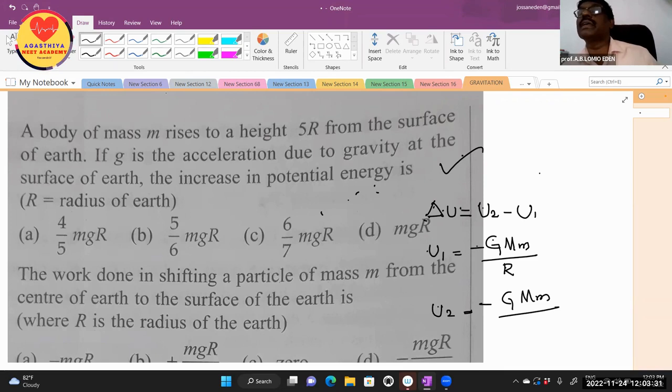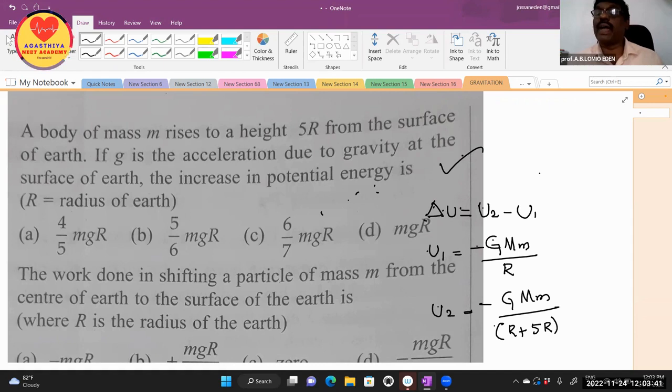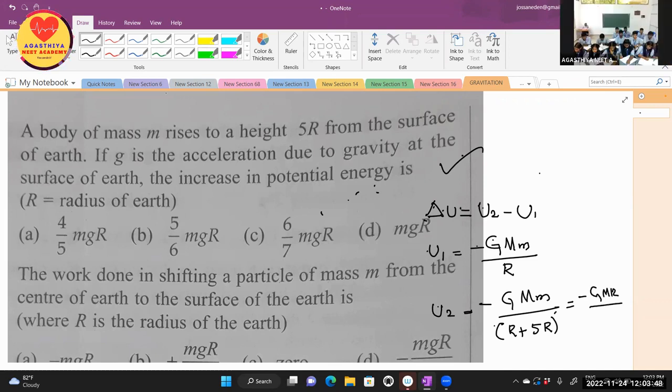Now the distance is increased from the surface by 5 times. The height to which the body is raised is 5 times the radius. Therefore, in the denominator it becomes 6R.